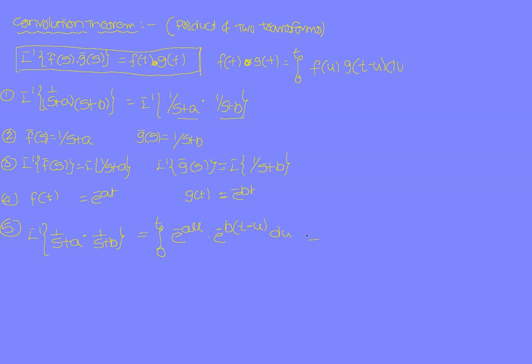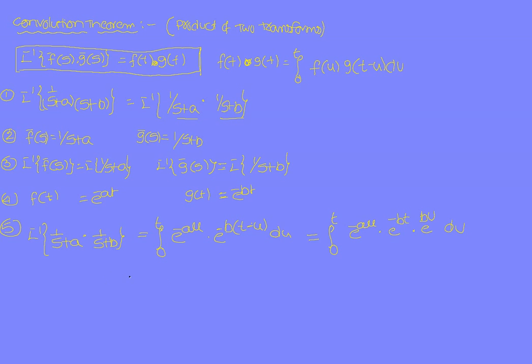Now we will do the simplification of this term: integral 0 to t of e power minus au into e power minus bt into e power plus bu du.